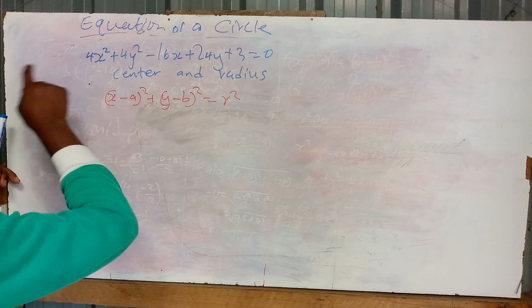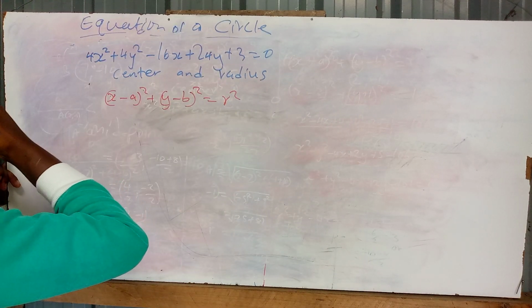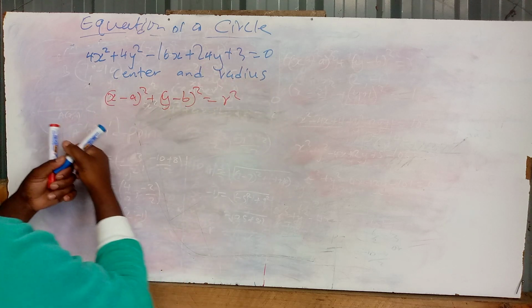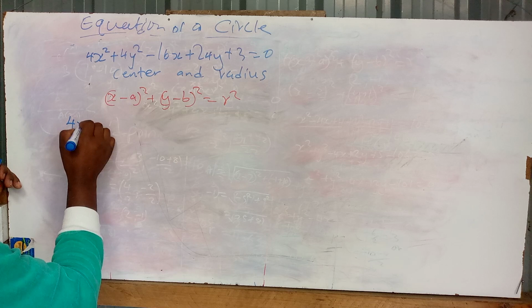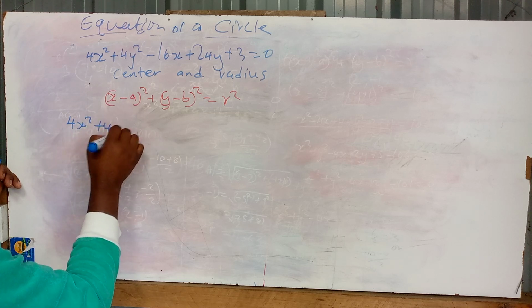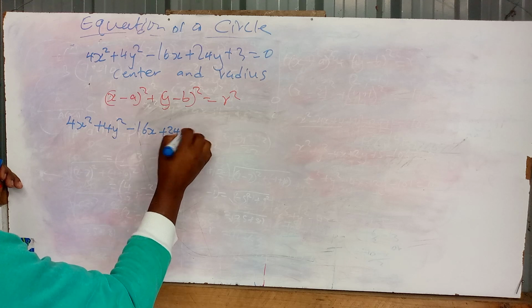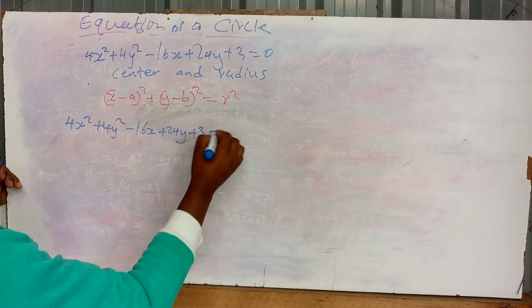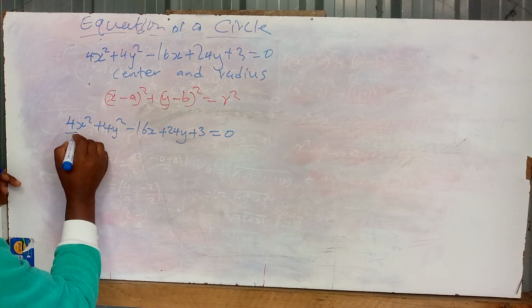I think here we can divide everything by 4. So we have 4x squared plus 4y squared minus 16x plus 24y plus 3 being equal to 0. Then divide by 4 everywhere.